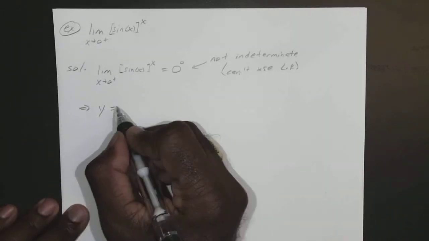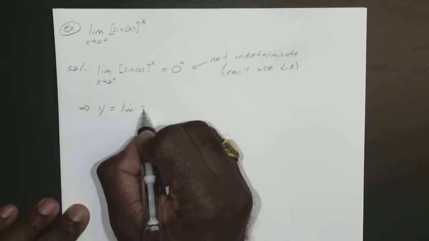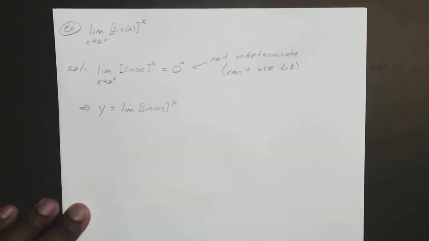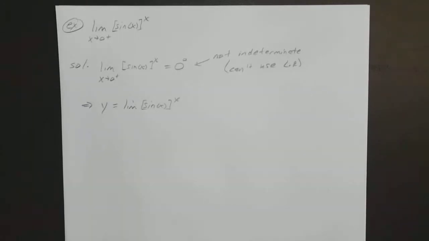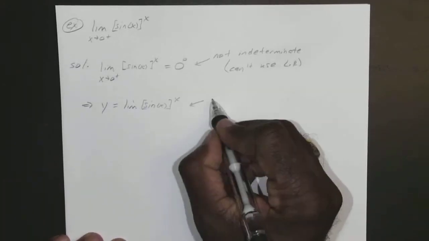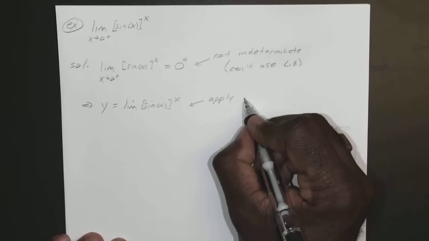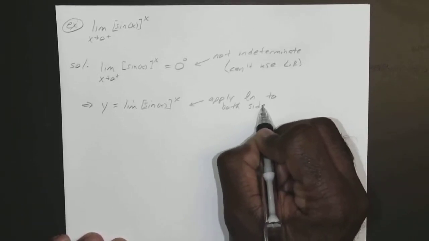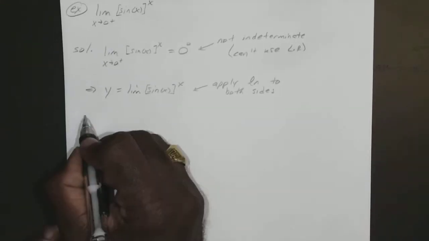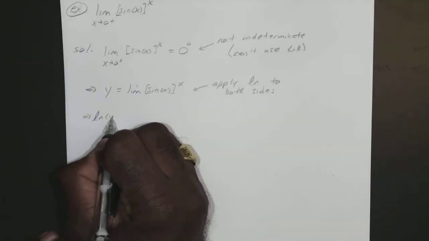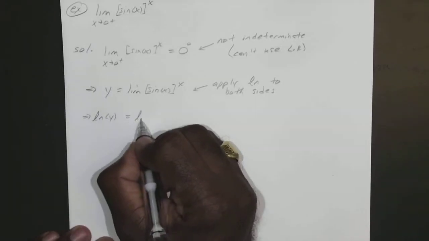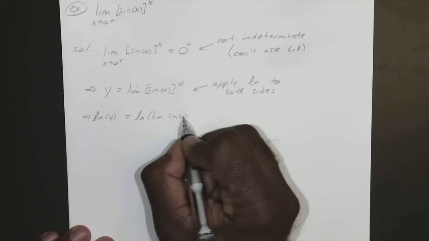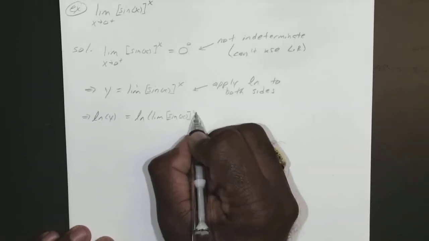So we let y equal the limit of sine of x to the power of x. Okay, and we apply the natural log to both sides. So that means we have the natural log of y equals the natural log of the limit of sine of x to the power of x.